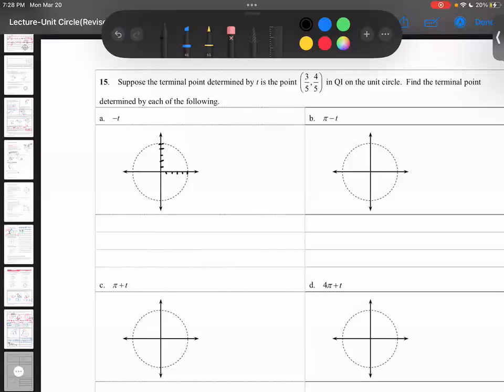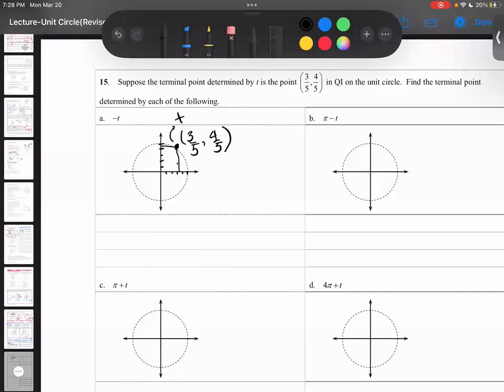All right, 3/5. 1, 2, 3/5, and then 4/5. Right there. Perfect. Right, 3/5, 4/5. So that's t. That's the little black point right there. That's t. I don't know what the value is, but it's t.